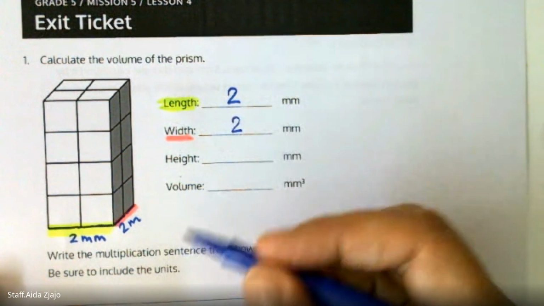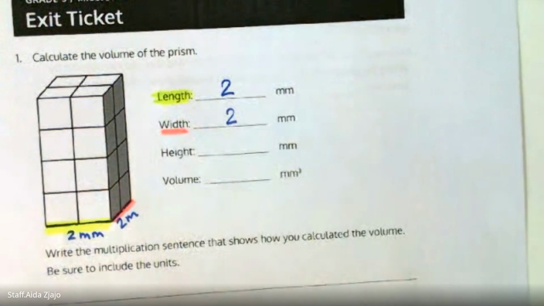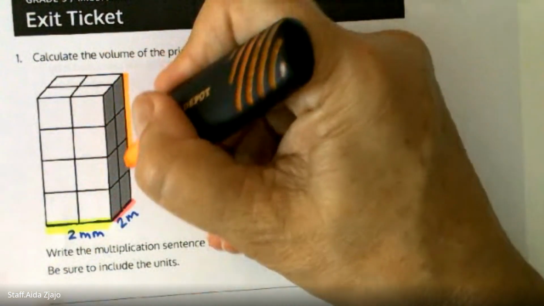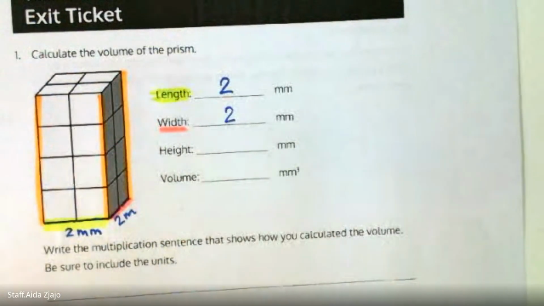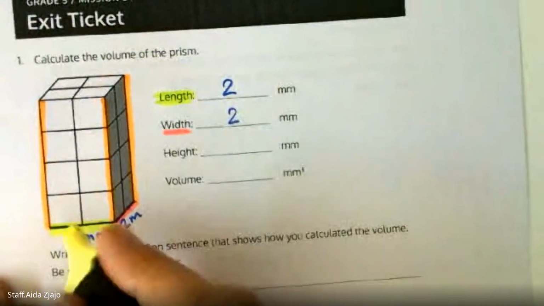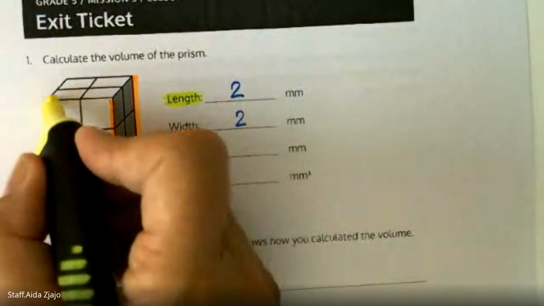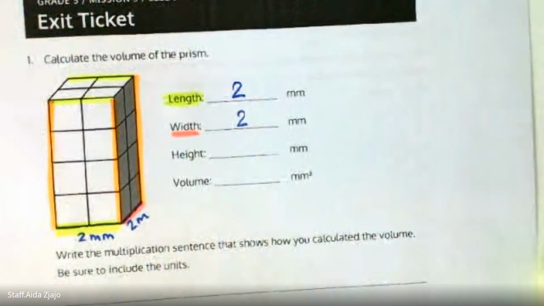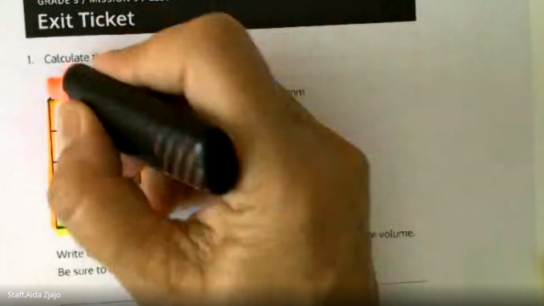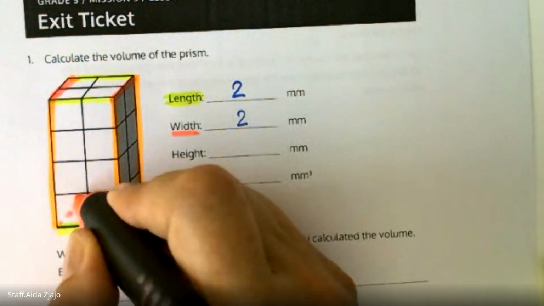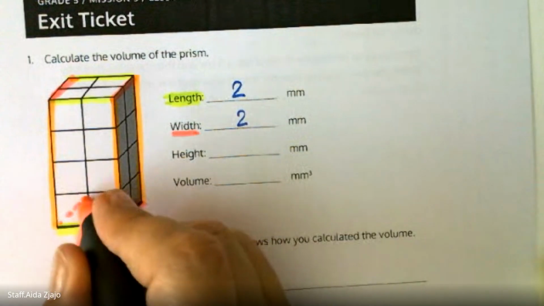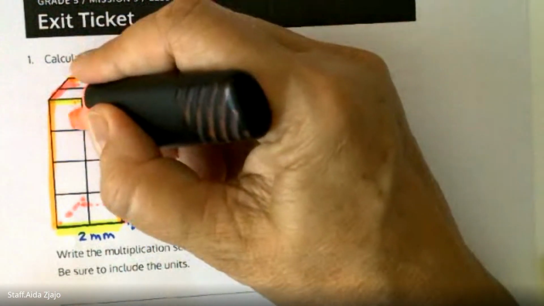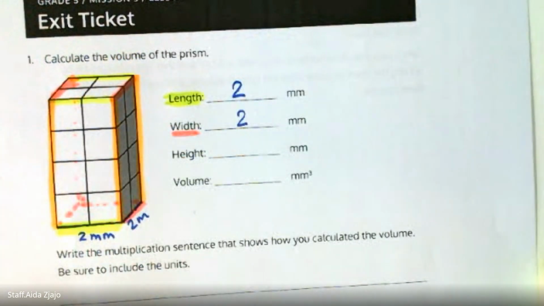The height is this one. Also, the length could be labeled right here or right here, and the width could be labeled right here or right here, or in behind. Those are the things that you cannot see but exist in this prism. Just imagine the reality of it.